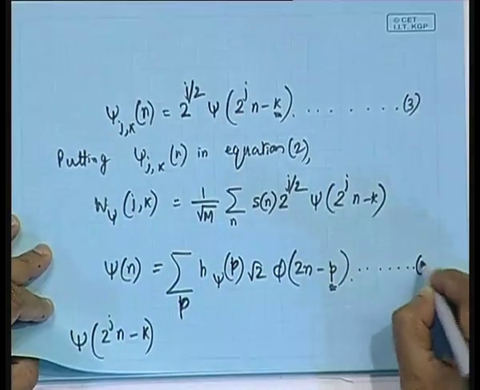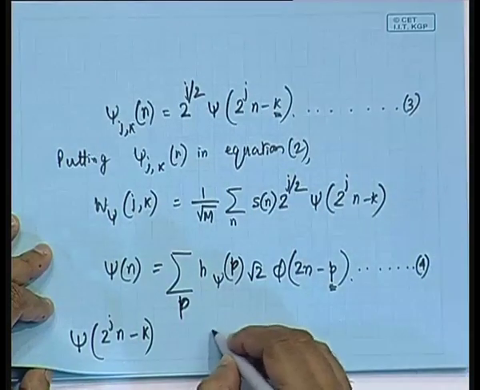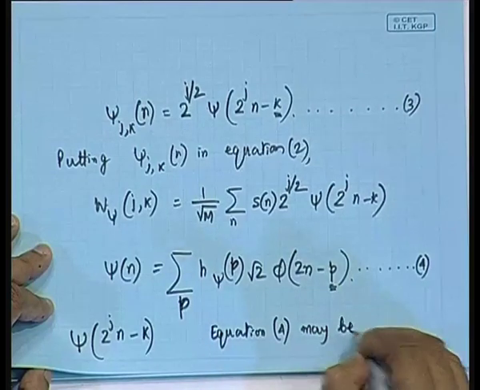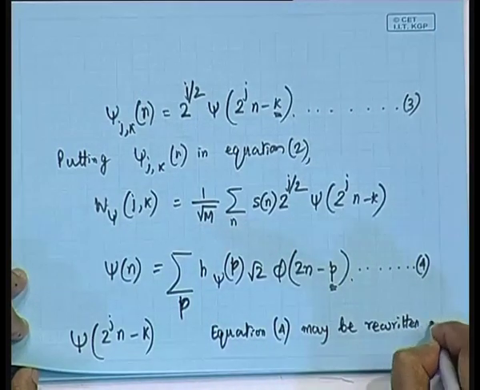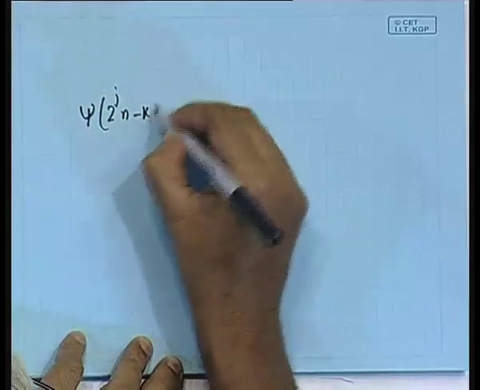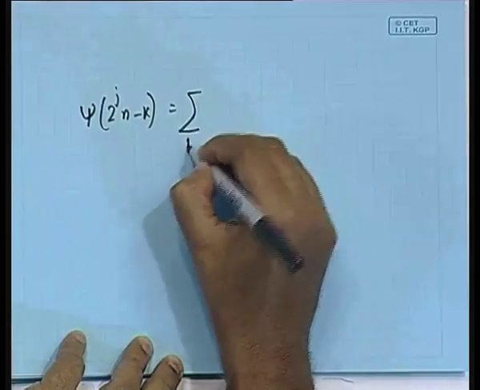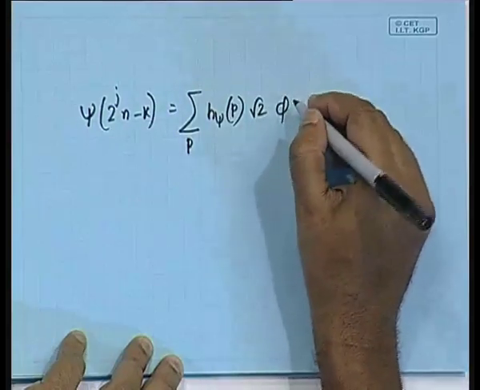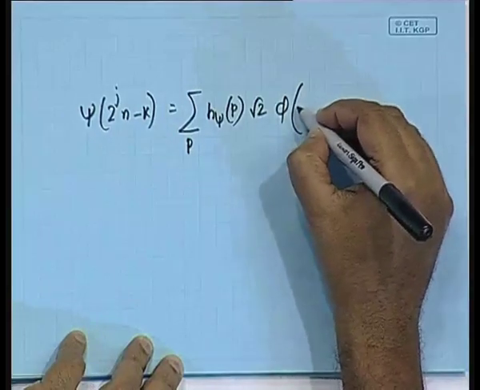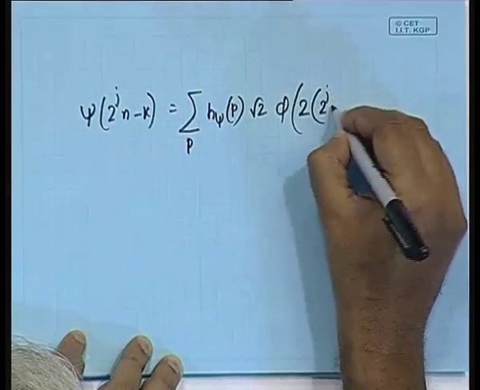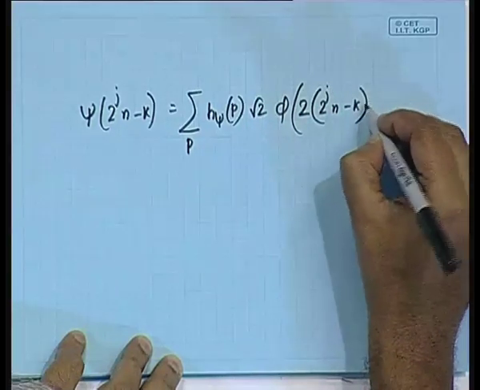If I say that this is equation 4, then equation 4 can be rewritten as psi of (2 to the power j n minus k) equal to summation over p of h psi of p root 2 phi of 2 into (2 to the power j n minus k) minus p.